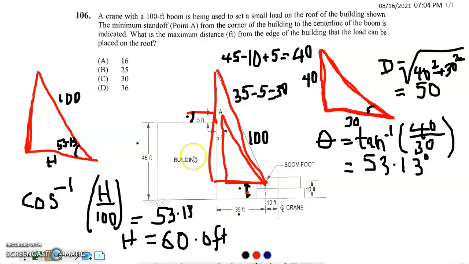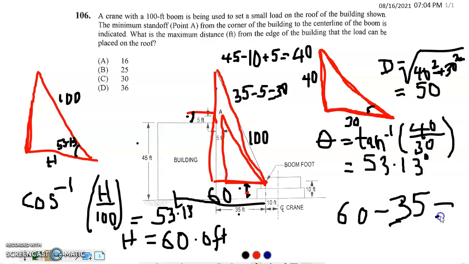So the whole entire H from this location all the way back over here is 60. So they're asking for how long from the edge to the center. So we just have to say 60 minus 35.